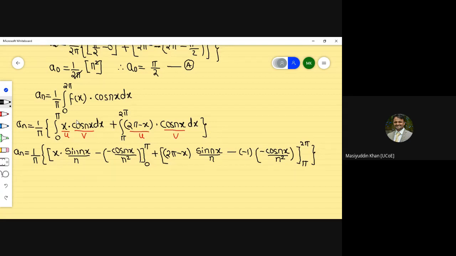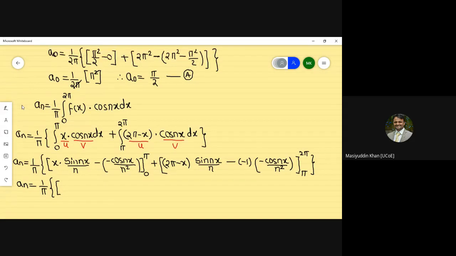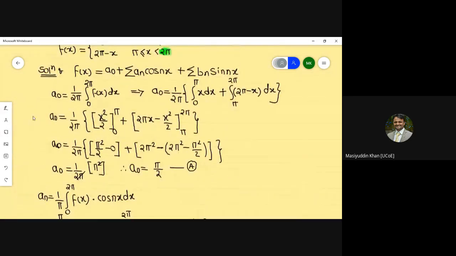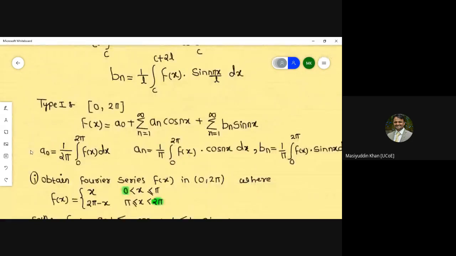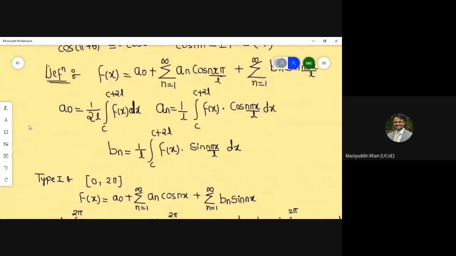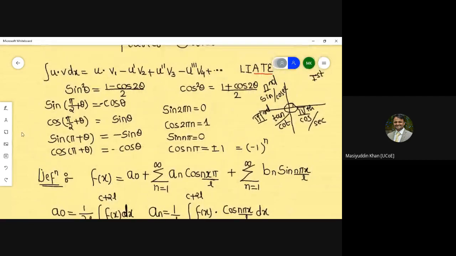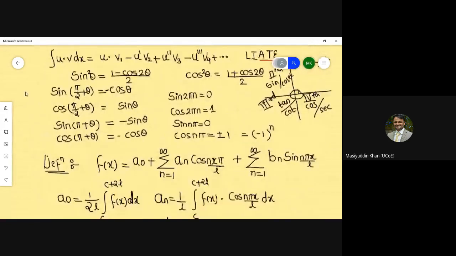Now we have to perform the upper limit minus lower limit here. So a_n is equal to 1 by pi, substituting the upper limit. I don't know whether you remember this kind of concept, but as I mentioned, whenever we tackle a Fourier series problem, you should remember it very well.